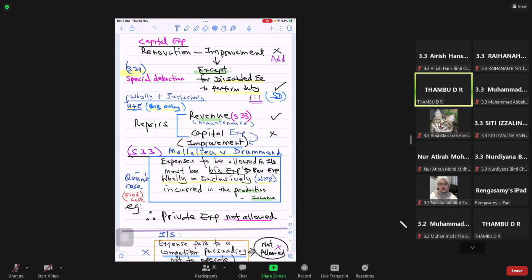What is improvement? Improvement means you are spending money on the asset to improve the performance of the asset beyond the original quality. So if you spend money on asset to improve the performance of asset beyond the original standard, that is capital. Or you spend money on the asset to reduce the operating cost of the asset.